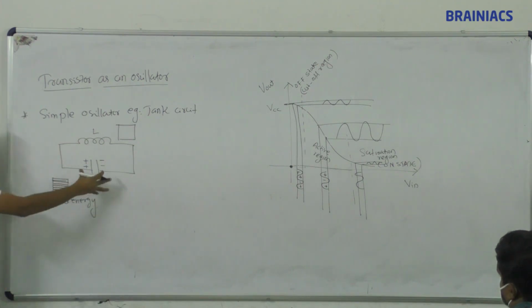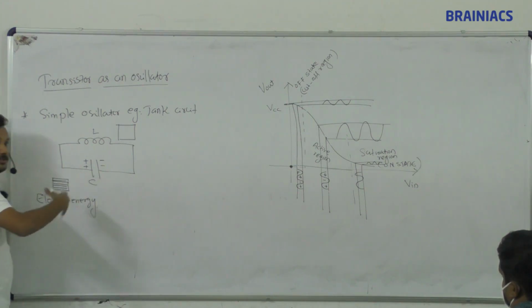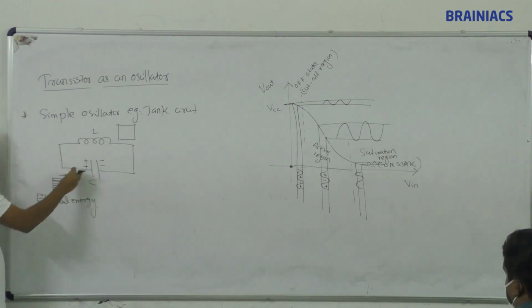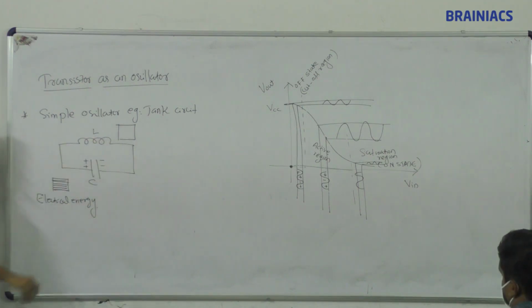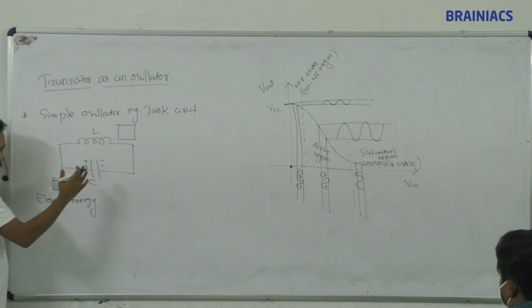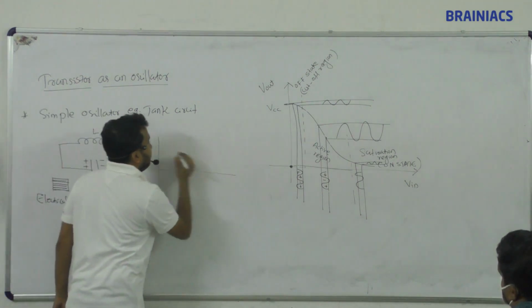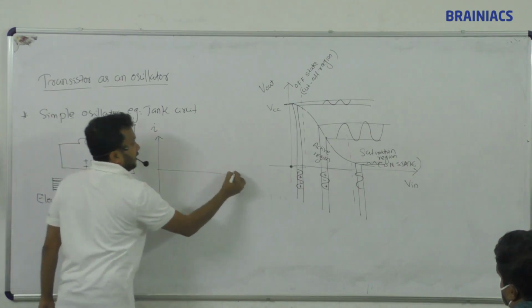The capacitor is charged, so the capacitor will have a tendency to share the charges with the inductor, and current is increasing. Now I am plotting a graph of current versus time.